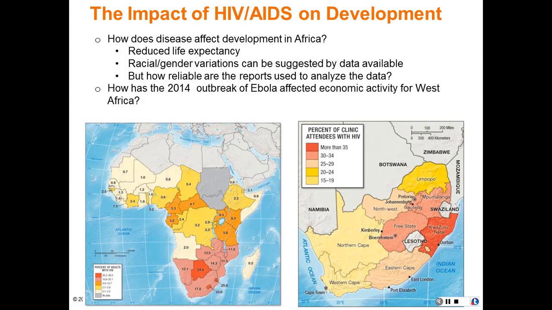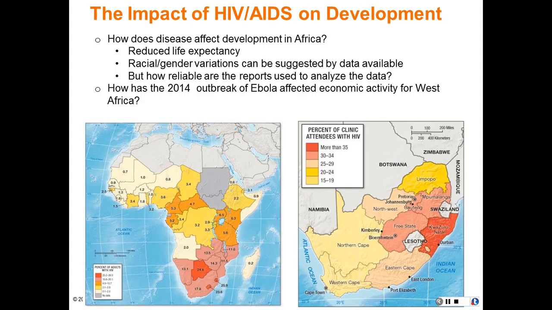And of course, that makes Africa appear to have less development occurring there due to the shorter life expectations. There is some data that suggests there are racial or gender variations in AIDS infection.